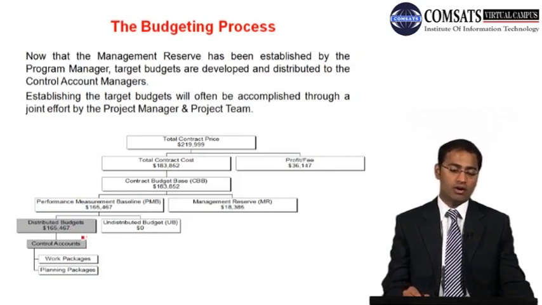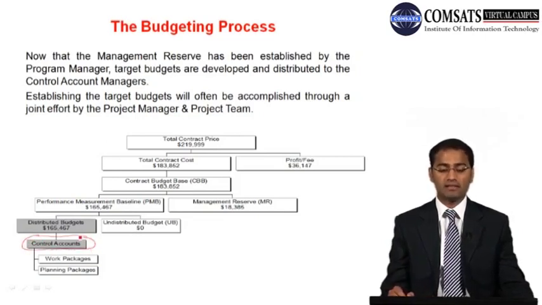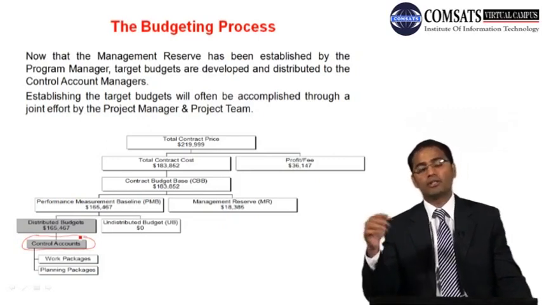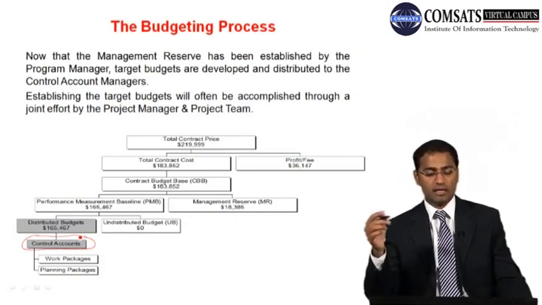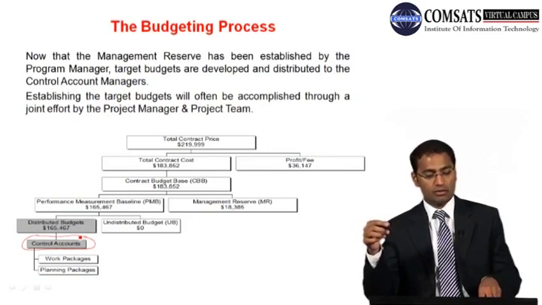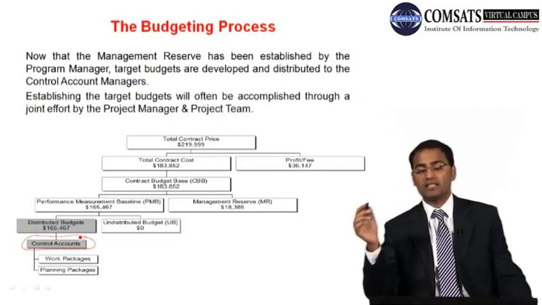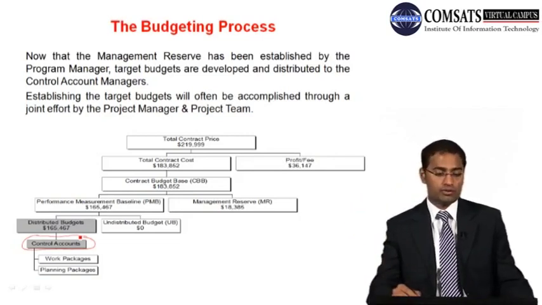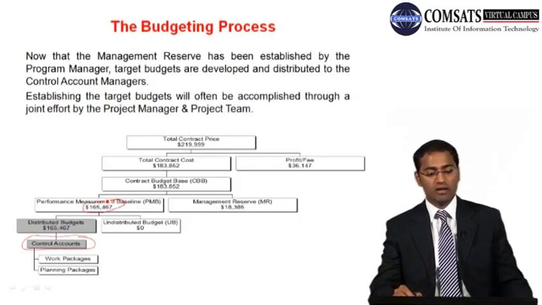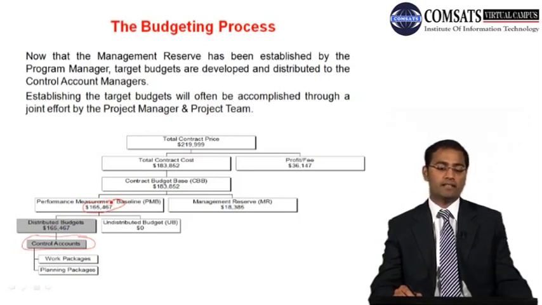Then they carry out control account level analysis and then work package analysis, and then they decide which control account gets how much money, and which work packages get how much money. And remember that this 165,467 includes the contingency, and this is the authority of the project manager.